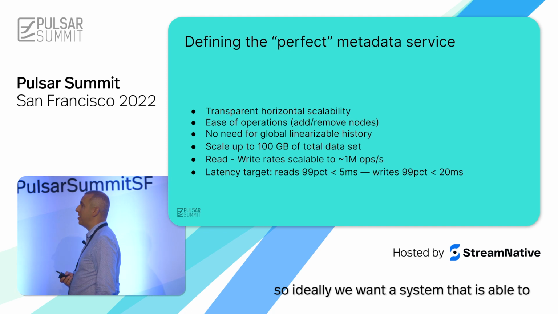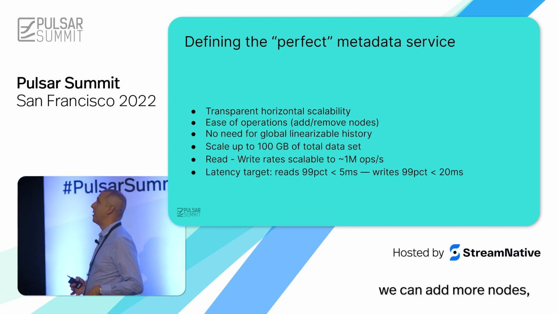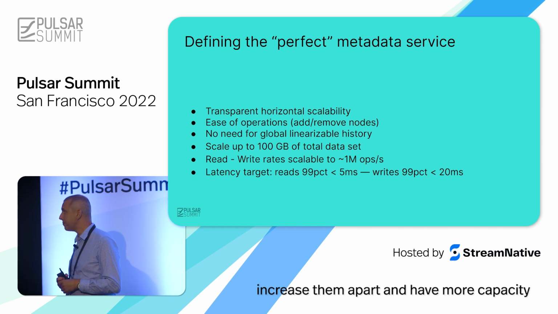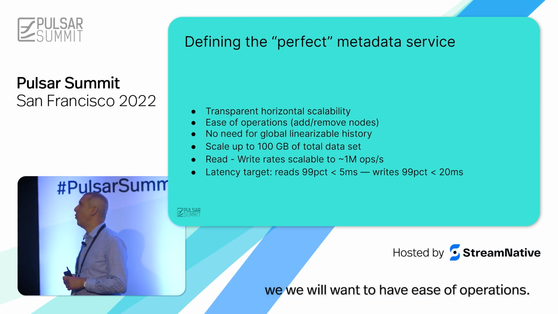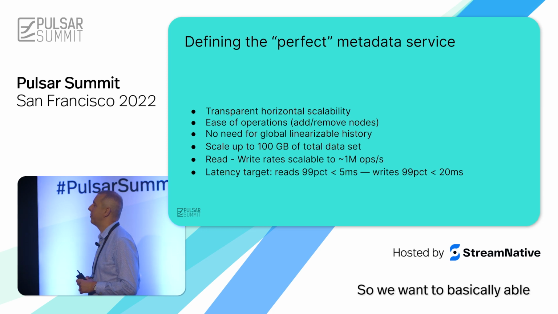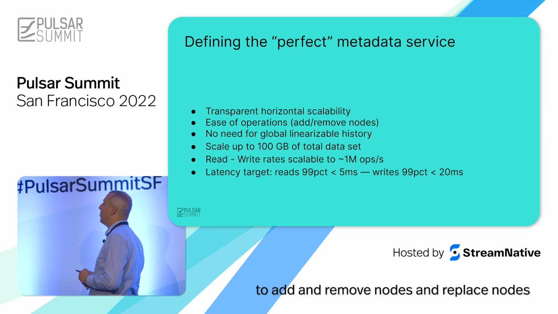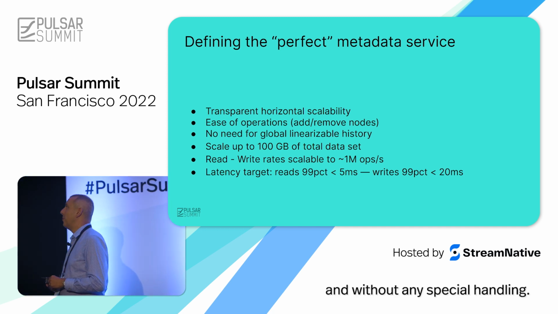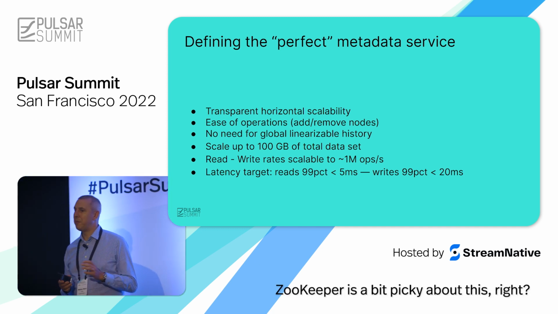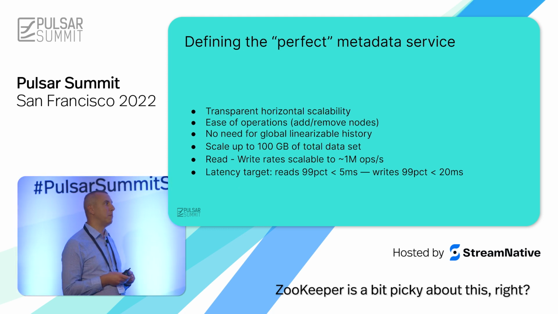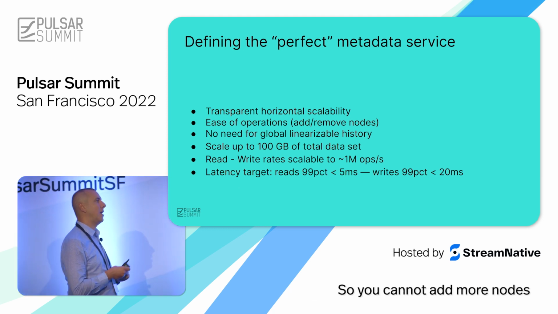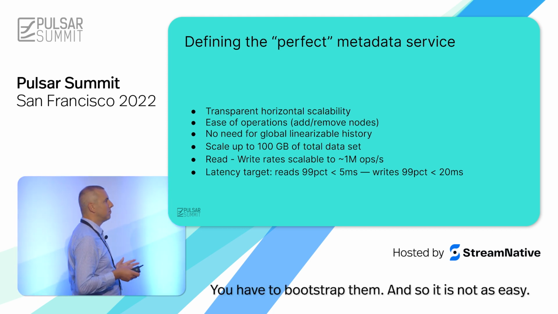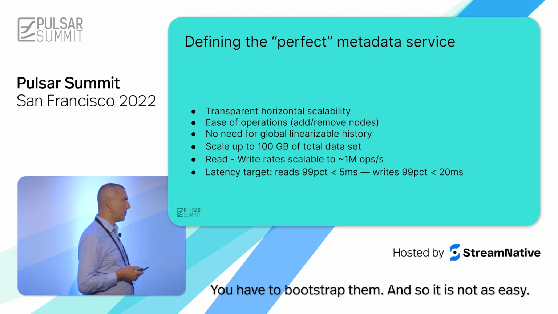Ideally, we want a system where we can add more nodes, increase the number of pods, and have more capacity. We also want ease of operations, so we can add, remove, and replace nodes without any special handling. ZooKeeper is a bit picky about it. You cannot simply add more nodes; you have to bootstrap them, so it is not as easy.